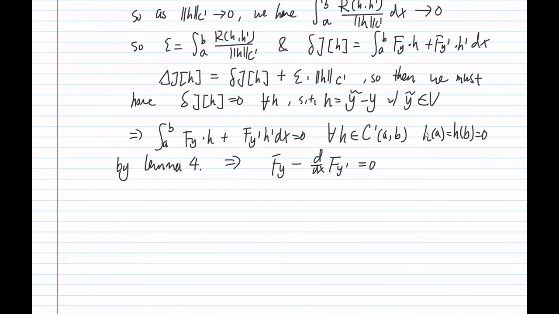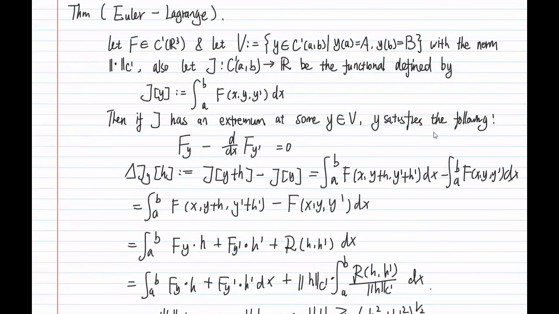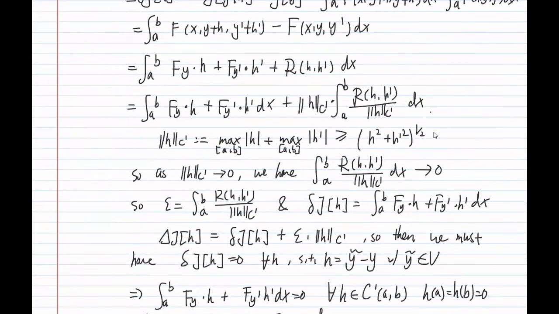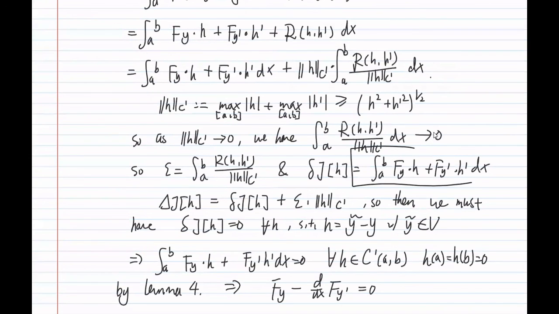So just to recap a little, we first find the principal linear part of our functional, delta j, and we show that it is equal to the integration of f_y times h plus f_y prime times h prime.